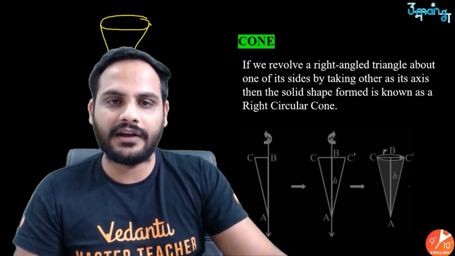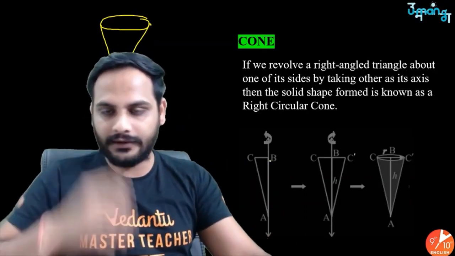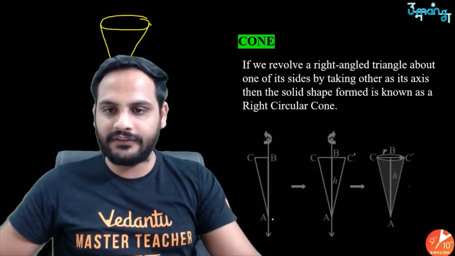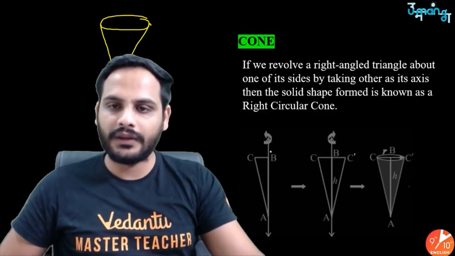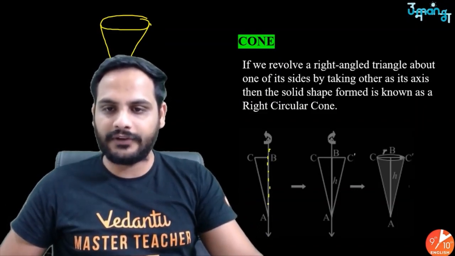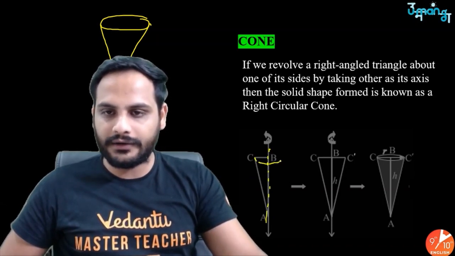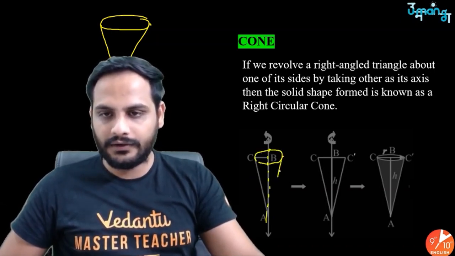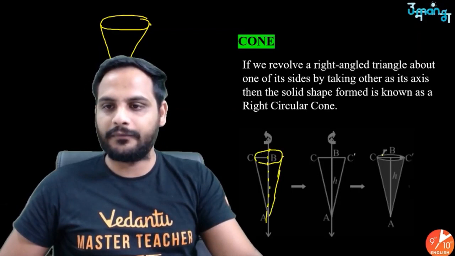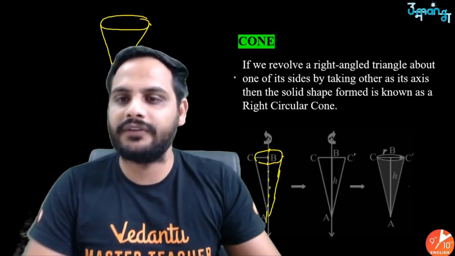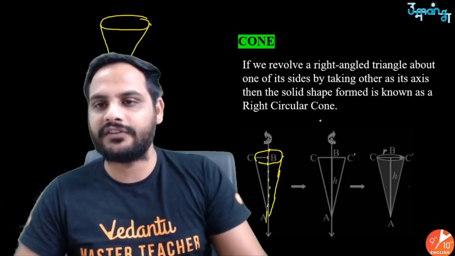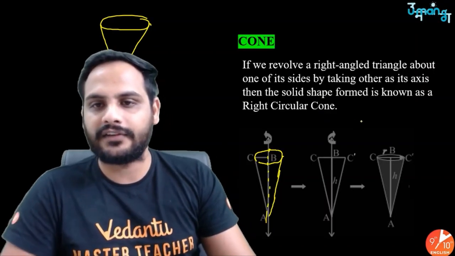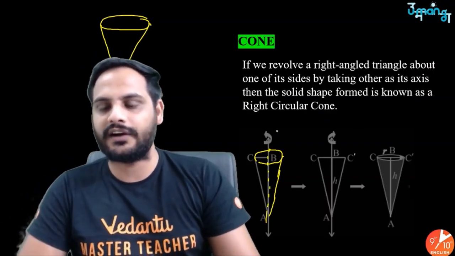How can I form a cone? Suppose I have this triangle ABC, and I keep one part fixed and rotate this triangle. I will get a shape which looks like a cone. If we revolve a right angle triangle about one of its sides, taking the other as its axis, the solid shape formed is known as a right circular cone.